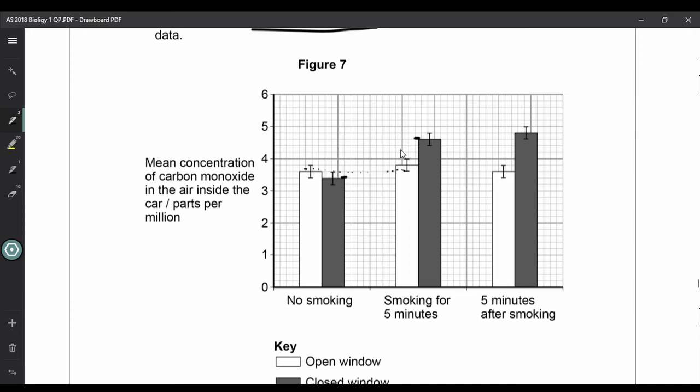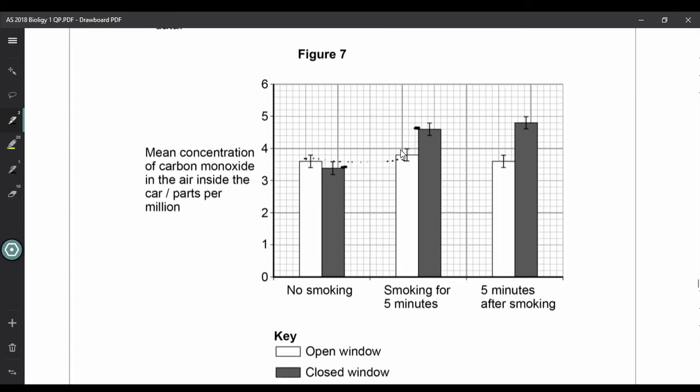So with all the data with the open window, we can't say there's any significant differences because we've got the overlap of the 2 SD bars. But we can say there's significant differences with the data when the windows are closed because we don't have an overlap with the 2 SD bars.